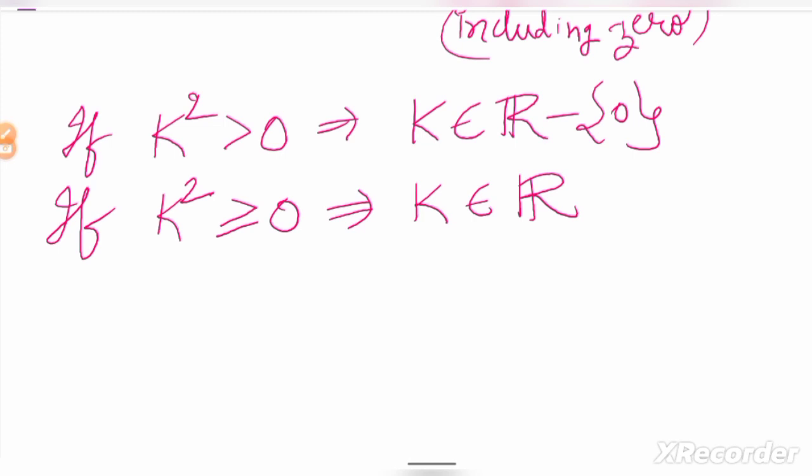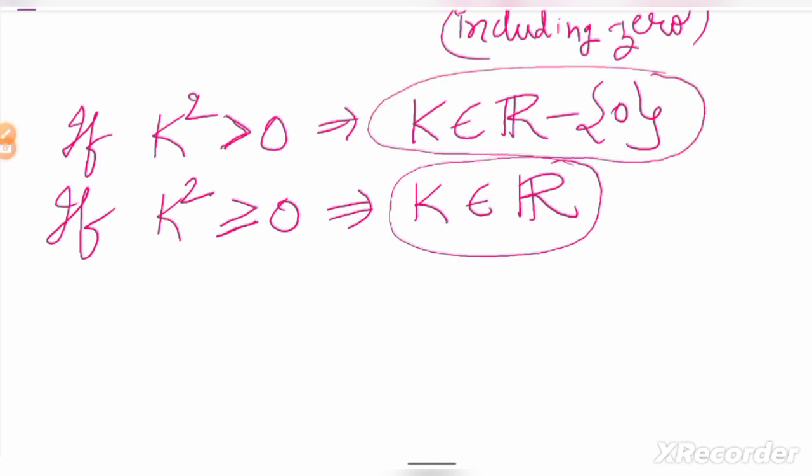Whenever it is given equal to 0, then we can include all real numbers. Whenever it is given as greater than 0, then we cannot include the 0 real number. Except 0, all other real numbers are the solution. So for this question, this will be the answer. Whenever k square is greater than 0, k belongs to R minus 0, or we can also call it a non-zero real number.